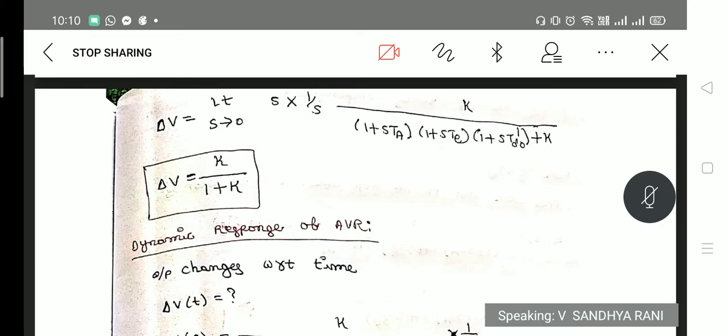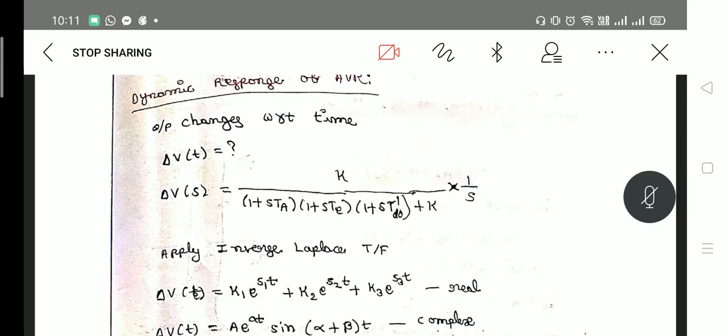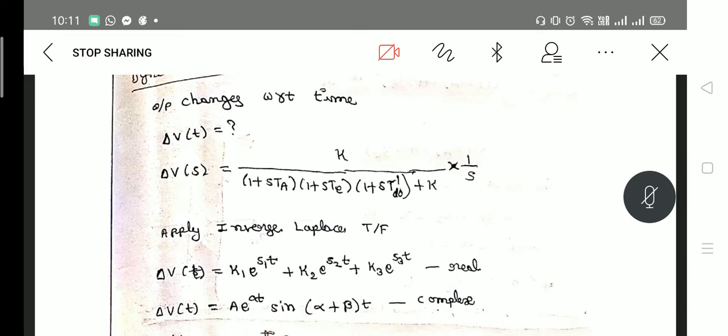Here we can apply the inverse Laplace transform to the delta V of S equation. Then we will get delta V of t like this: K1 into e power S1t plus K2 into e power S2t plus K3 into e power S3t.